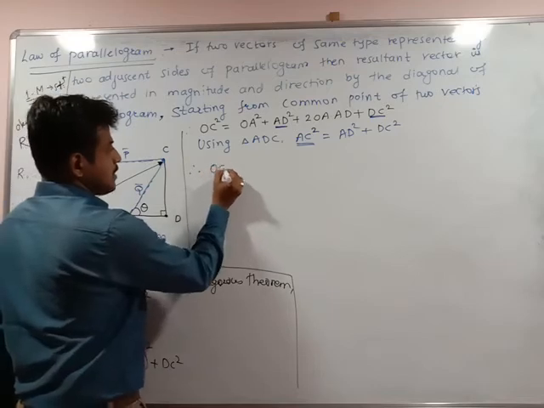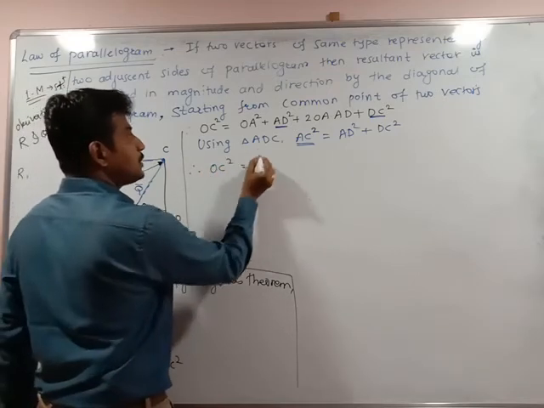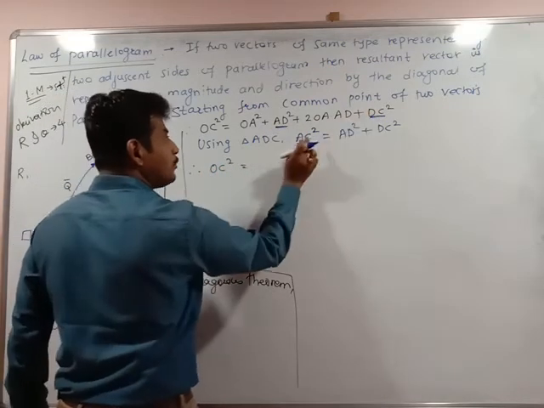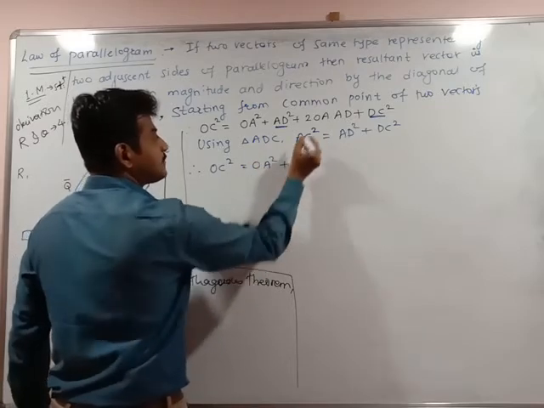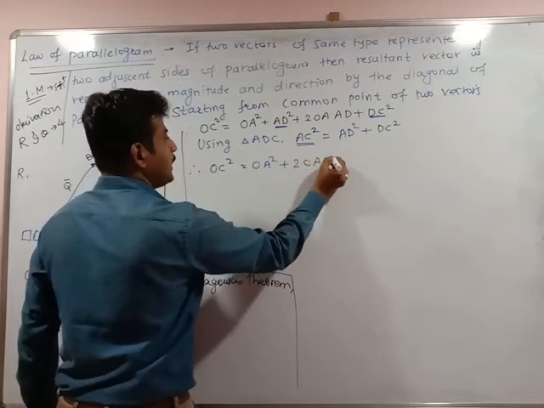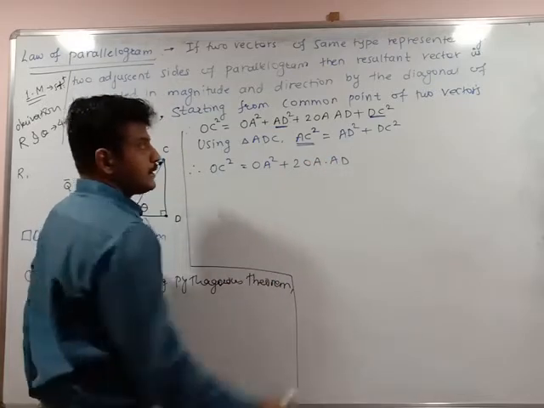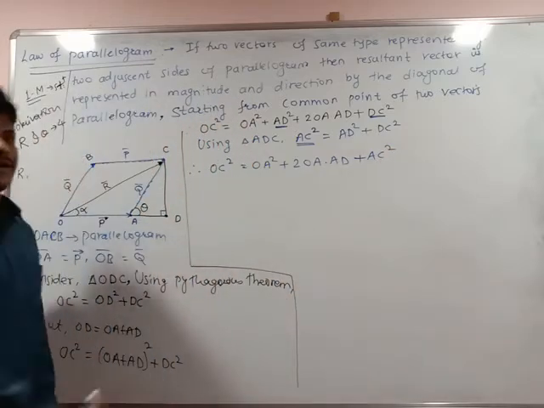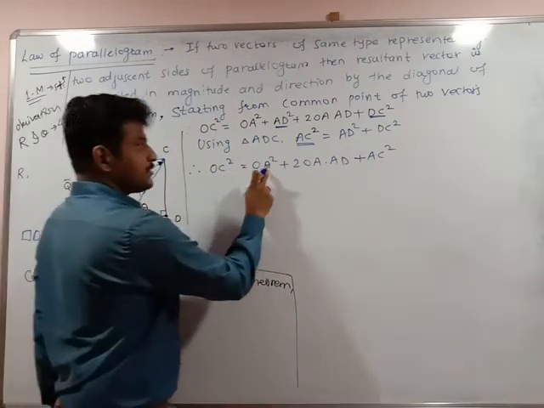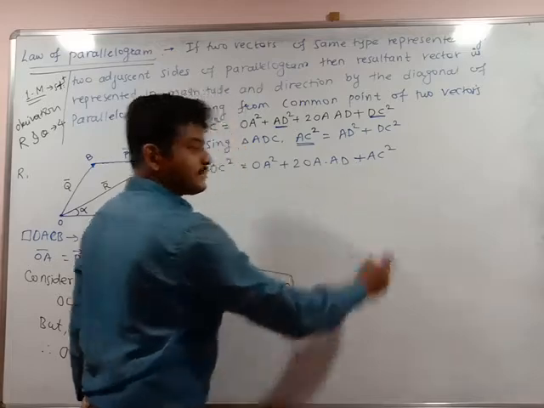Therefore OC square is equal to OA square plus 2 into OA into AD plus AC square.